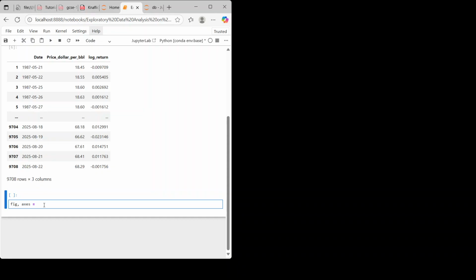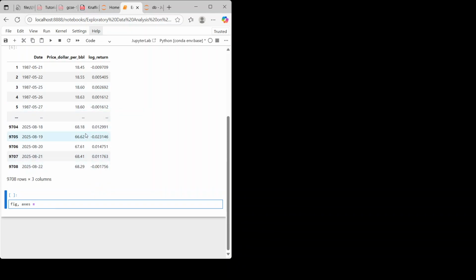So we need to define our axis and know where our axis will be. I want us to create a figure with two subplots stacked vertically, just to make use of the space.